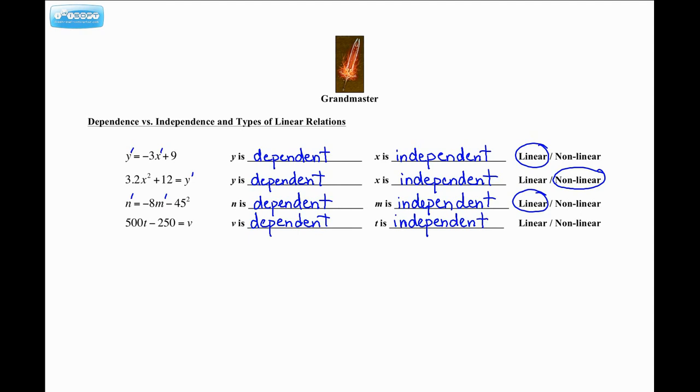Is it linear or nonlinear? The only exponents we see, grand total, in each term is 1. So the degree of each term is 1. So this is linear. We have 3 linear relations and 1 nonlinear relation.